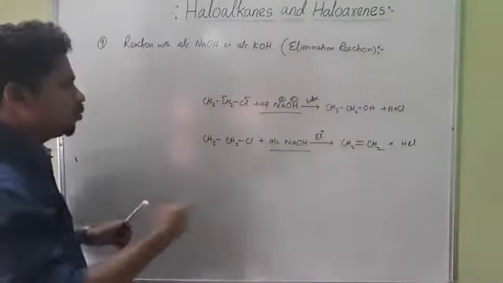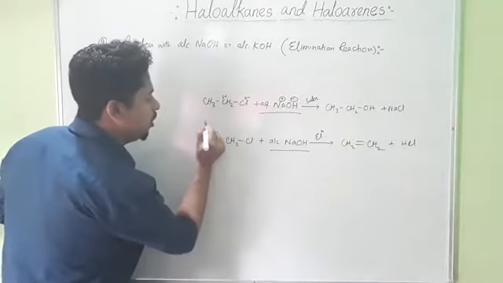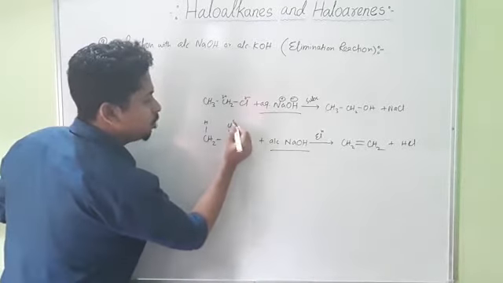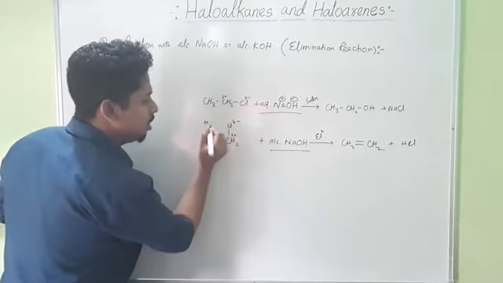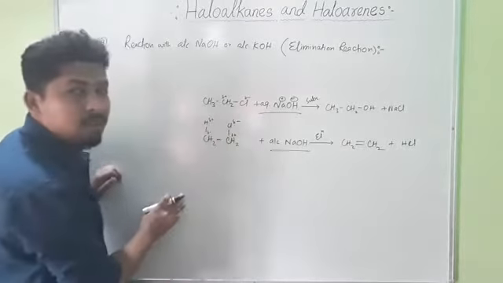That means we can write CH3 as CH2-H, and write Cl here. This carbon is delta minus, this hydrogen is delta plus, this carbon is delta plus, and this Cl is delta minus. Here one HCl molecule will be removed.